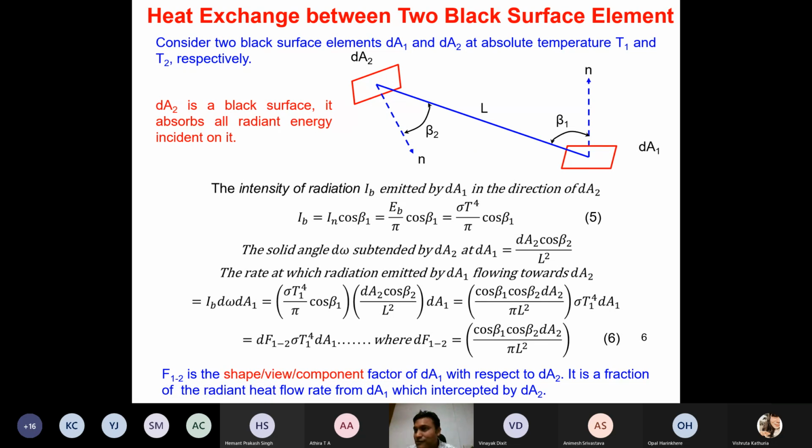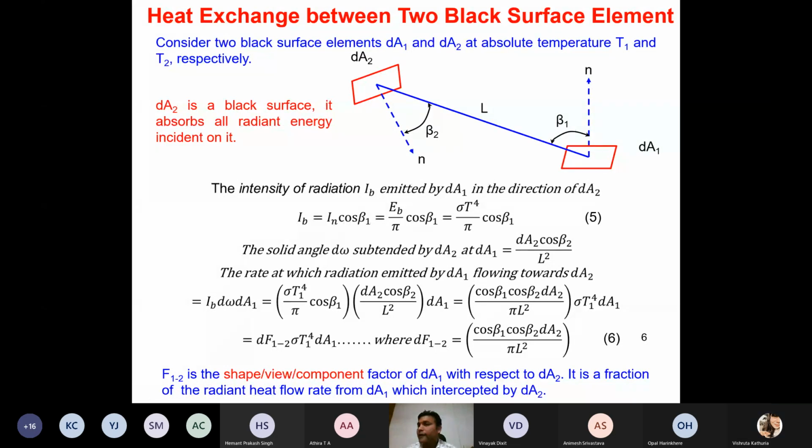You get it? Not really, sir. Okay, so suppose in this case I have shown this dA1 and said that dA1 is a differential surface area. What it means is there is a bigger surface area and part of that is dA1. Is it clear?